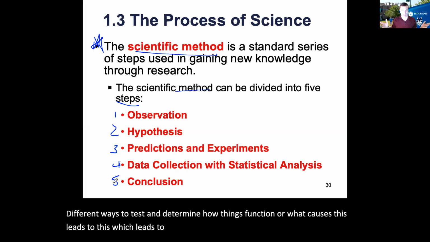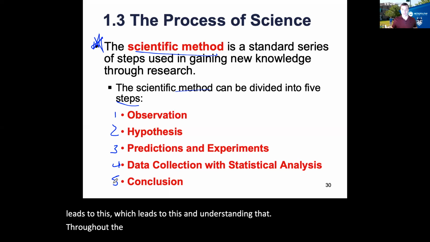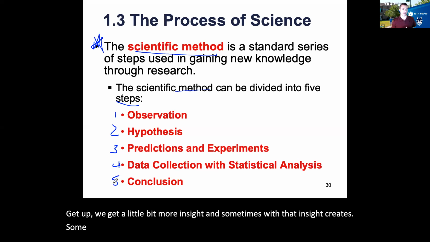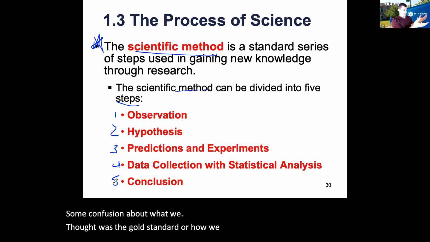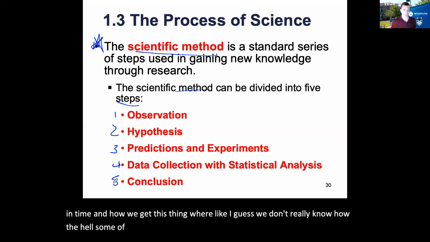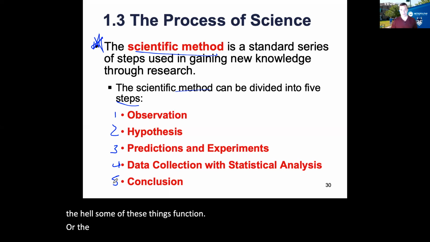And understanding that, throughout the decades, we get a little bit more insight. And sometimes that insight creates some confusion about what we thought was the gold standard, or how we really understood things at one point in time, and we get to this thing where we're like, well, I guess we don't really know how some of these things function. Or the way we thought is totally turned upside down because of new technology.